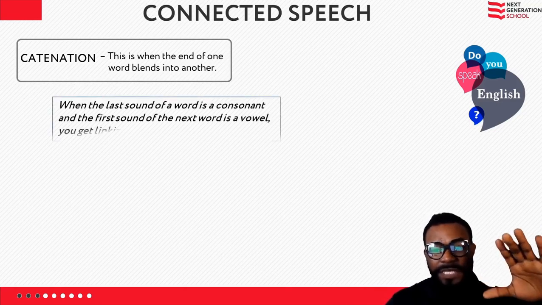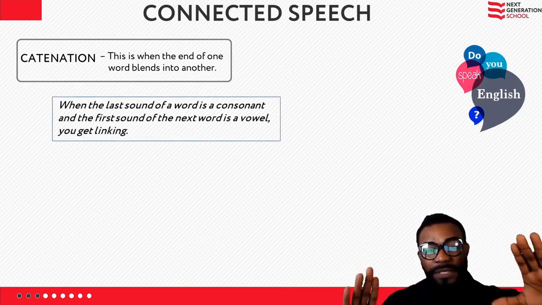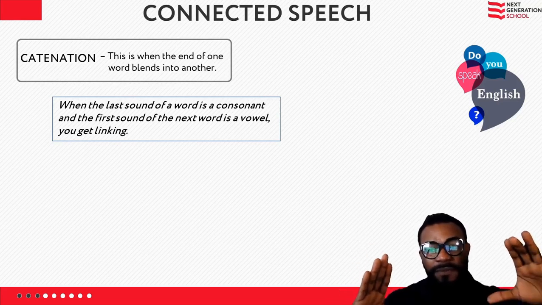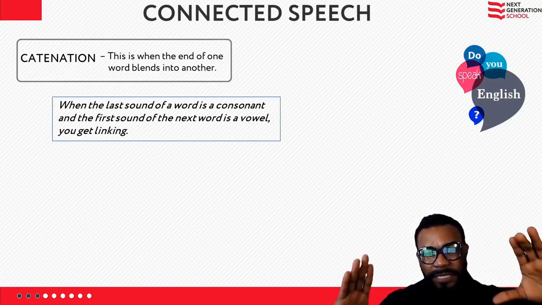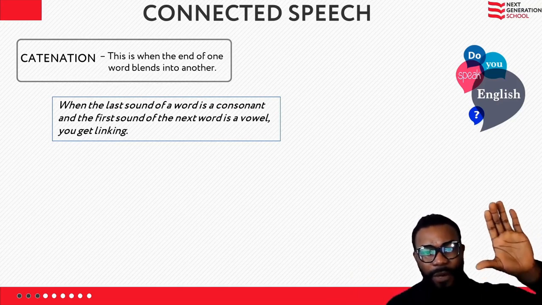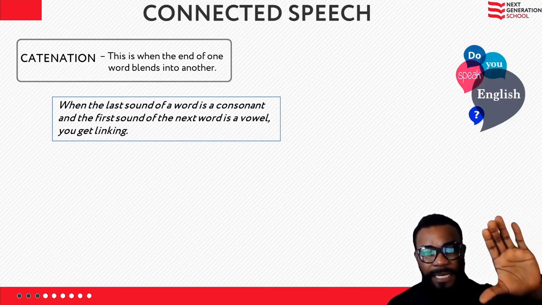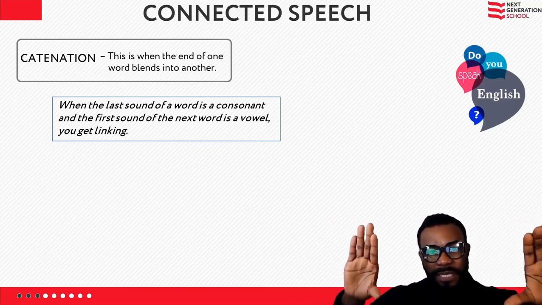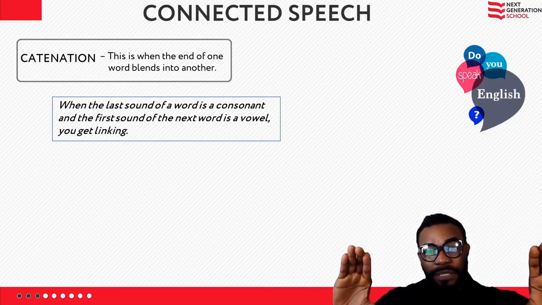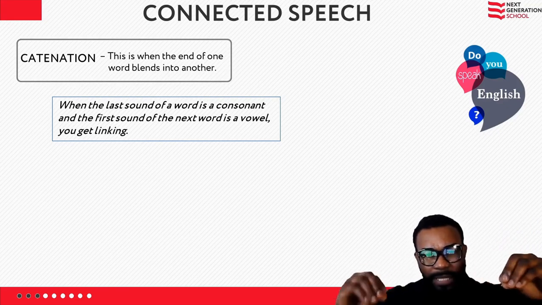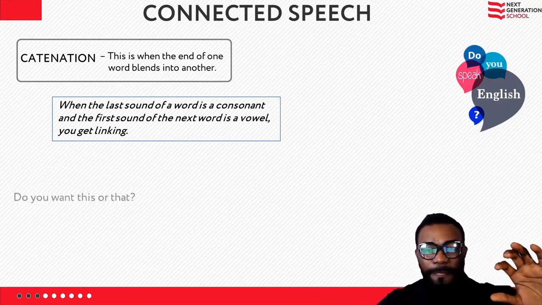And this is the rule. When the last sound of a word is a consonant and the first sound of the next word is a vowel, you get linking. You have a word, it ends in a consonant sound. And then you have the next word beginning with a vowel sound. When you put them together, you get a natural linking. Let's see an example.